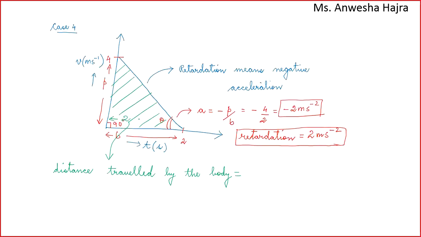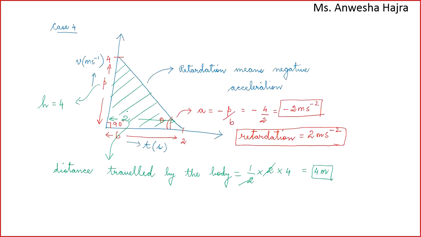It is 2. And what is the height? It is 4. This is the height. So distance covered by the body is half into base into height. So what is the distance covered by the body? 4 meters.